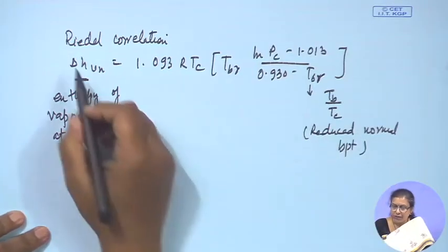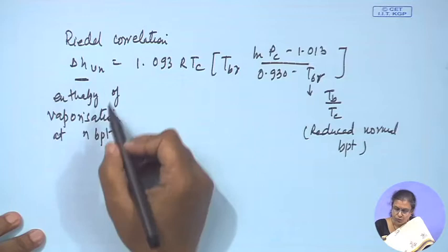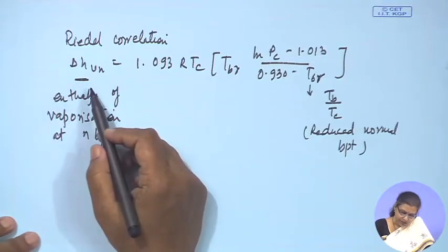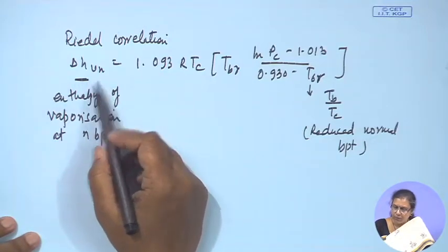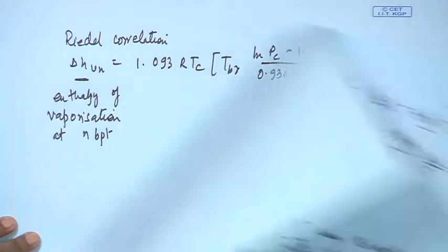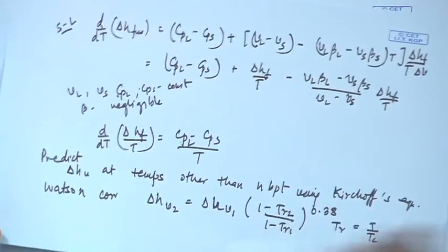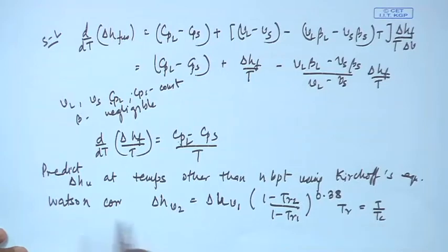So, we can use the Riedel correlation to find out the molar latent heat of vaporization at the normal boiling point, and then we can either use the Kirchhoff's equation or the Watson correlation to find out the molar latent heat of vaporization at any temperature other than the normal boiling point.